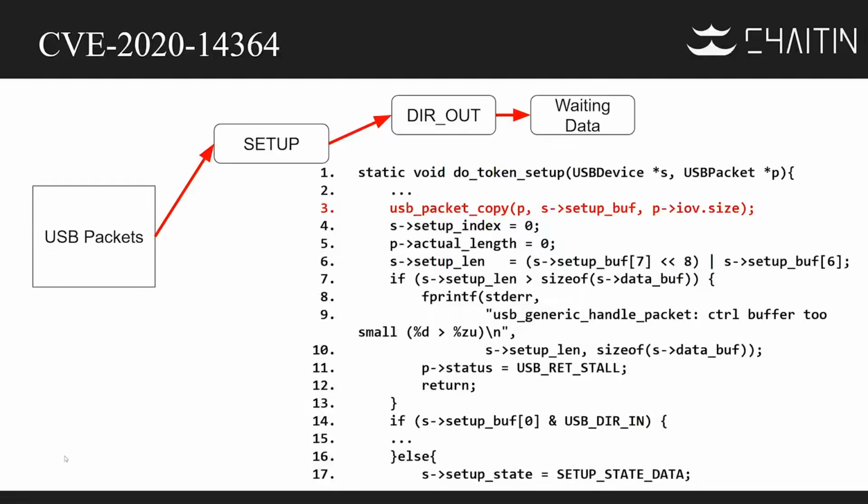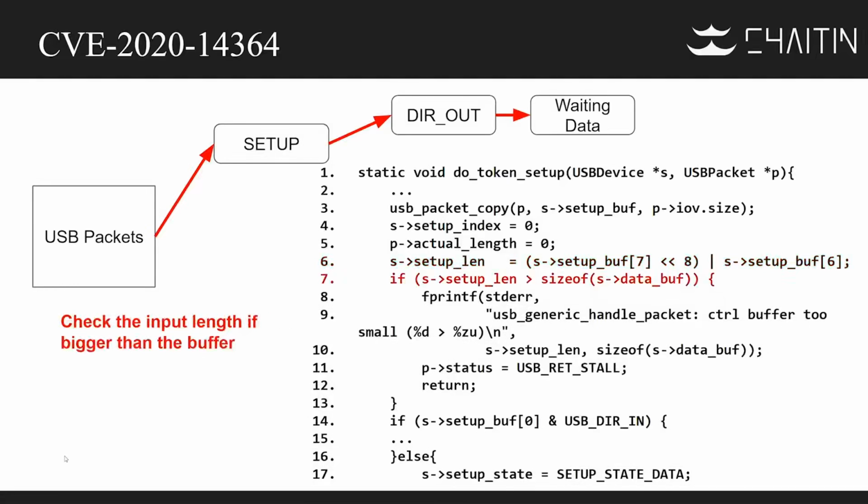The data of the USB packet comes from the guest, which means that we can control it. Then it clears the setup index and the actual length. Next, it gets a setup length by combining the 6th byte and the 7th byte in the setup buffer. The setup length stands for the data length of the control information we want to get or set.